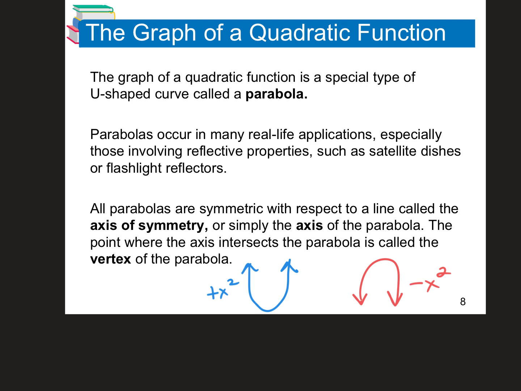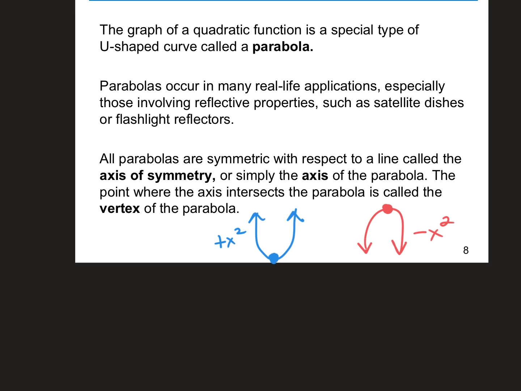So in both cases, there is a vertex. It's either the highest point or the lowest point. In a positive parabola, your vertex here, is that a minimum or a maximum? It's a minimum. It's the lowest point. So a positive parabola is going to have a minimum.